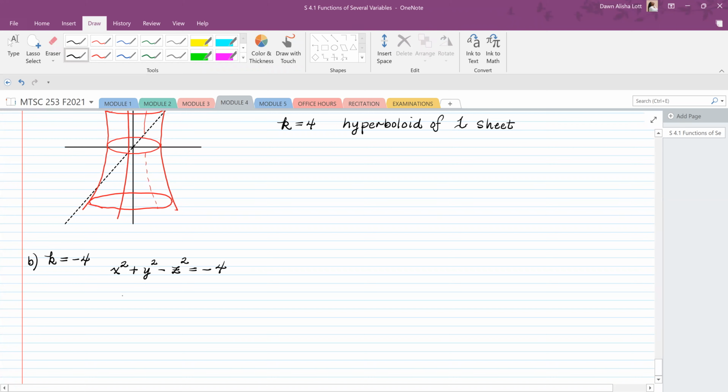But that looks like z squared minus x squared minus y squared equals 4. We already know that's going to be a hyperboloid of two sheets.